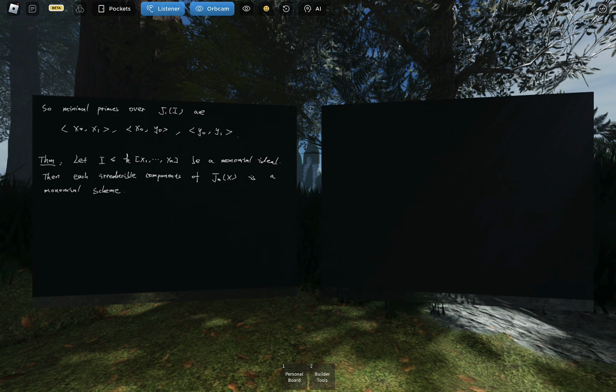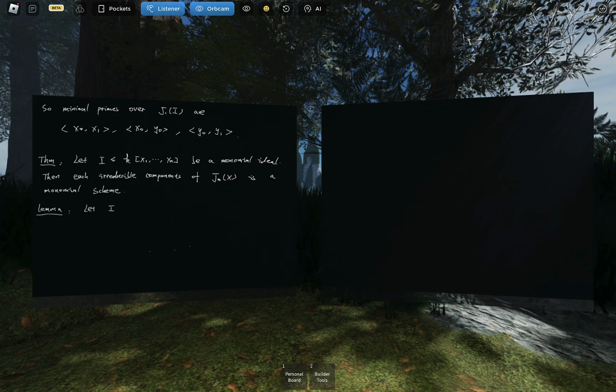Before we prove the theorem, let's introduce the following lemma to reduce the case to where I is a principal ideal. So we can reduce to the case of hypersurface.